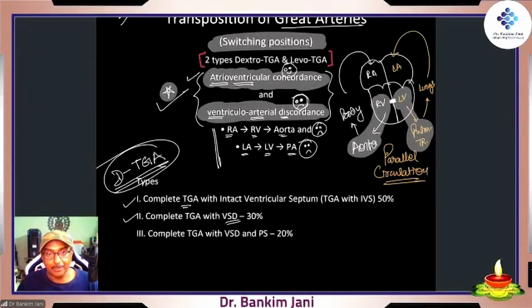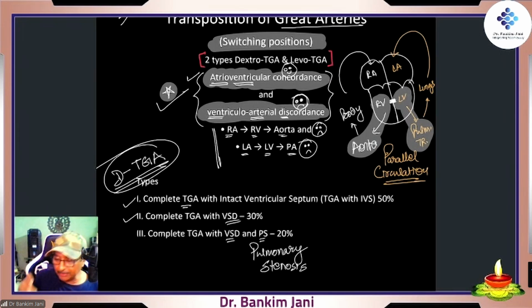And on top of it, if there is complete TGA plus ventricular septal defect plus pulmonary stenosis, so that pulmonary artery or the pulmonary trunk is narrow. So then it is called as type 3.